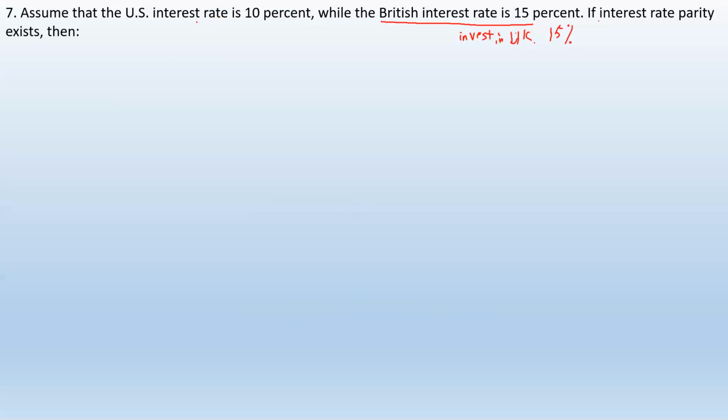For US investors, there are two ways: invest domestically, they earn a 10% interest rate, or use covered interest arbitrage. Remember, in this case, because of interest rate parity, they will only earn 10% again. They cannot earn 15%.